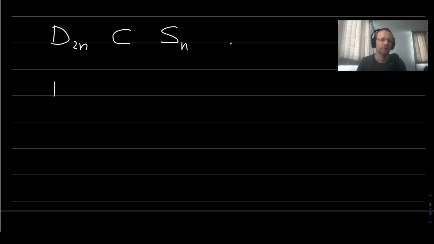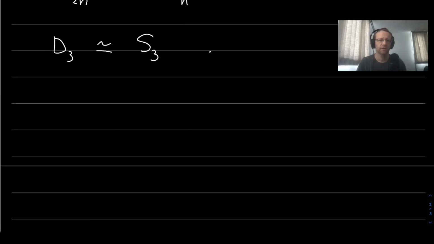And then finally note also that, for instance, D3 is S3. In fact, the dihedral groups appear very often in the classification of small non-abelian groups. This is one of the spots where dihedral groups are handy.